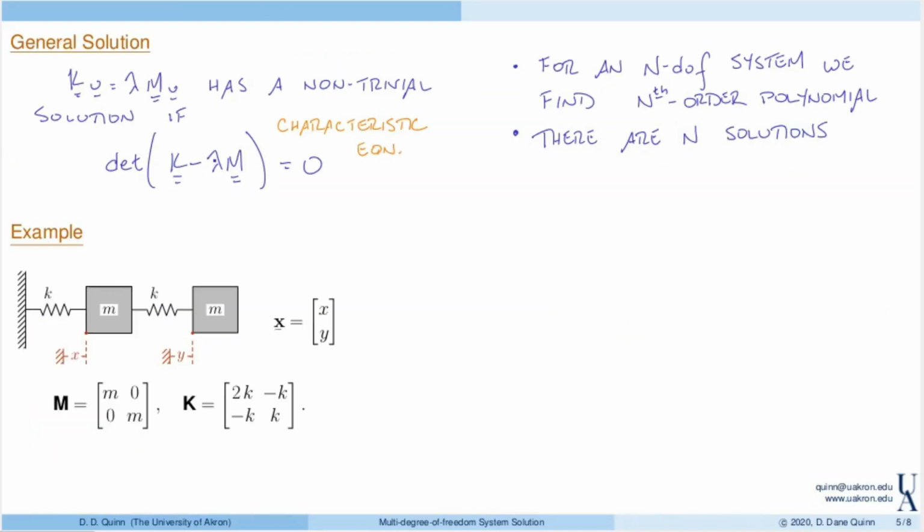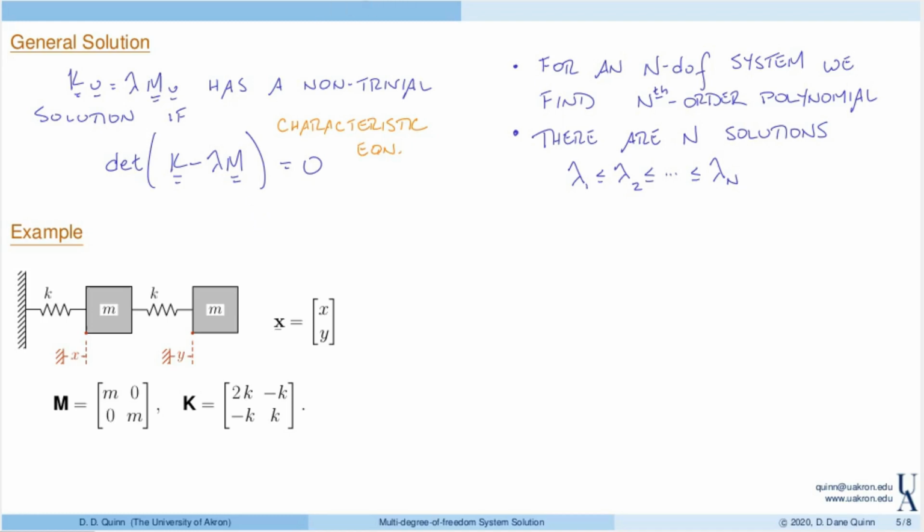So each value of lambda will give you 2 values of omega, basically plus square root of lambda and minus square root of lambda. And then we actually have n distinct values of the eigenvalues. We typically order these so that lambda 1 is the lowest eigenvalue, and that's going to be less than or equal to lambda 2, which is less than or equal to all the way up to lambda n, where again n is the degree of freedom of the system.